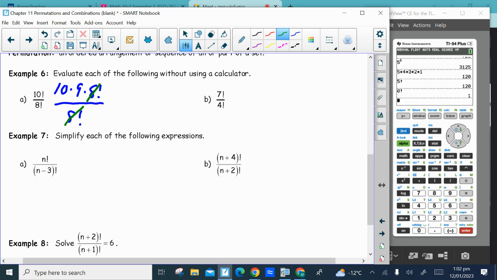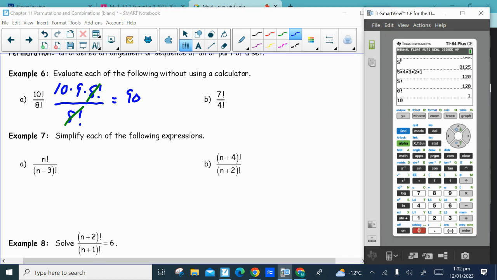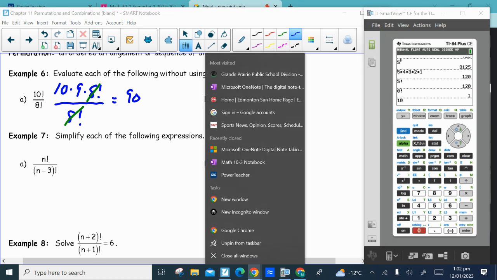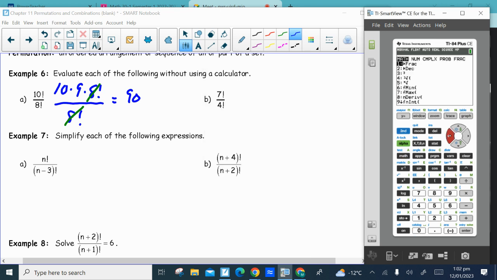I can divide top and bottom by 8 factorial, so you're just left with 10 times 9, which is 90. That's the value of that, which we can check on our calculator. 10 factorial divided by 8 factorial.